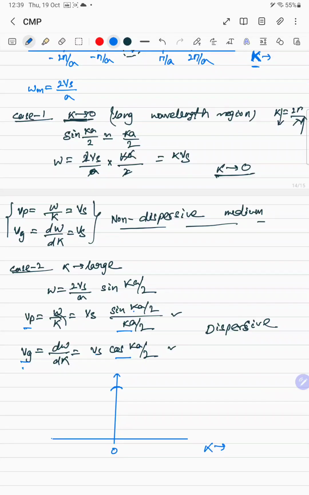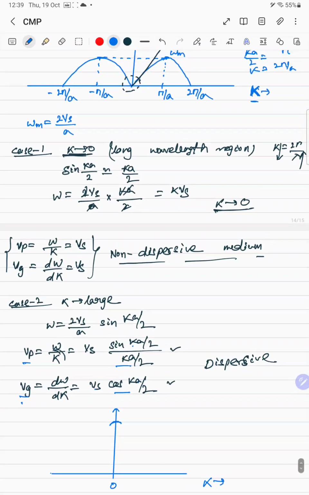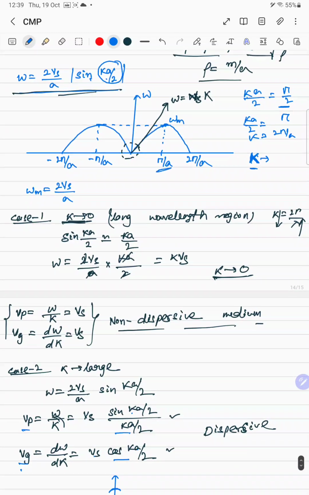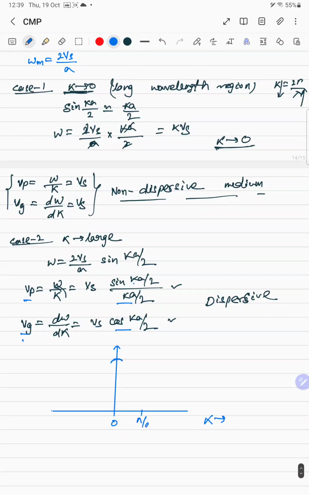Now the next k value is pi by a, and then it will be 2 pi by a. On this side also pi by a, then twice pi by a. So at k equals pi by a, Vp will be Vs sine of pi by a into a by 2, that is sine pi by 2, divided by pi by 2.